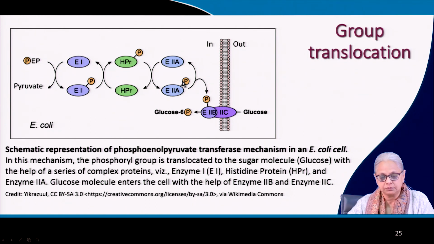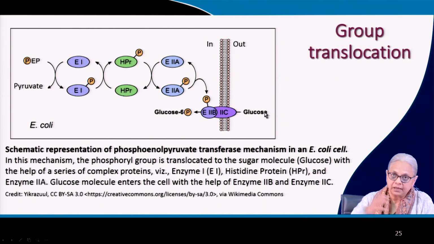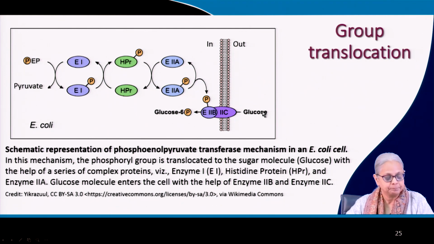E2A, E2B, E2C, all of these are how the phosphate is being transported from one compound all the way to glucose. Remember, when glucose has to come in, it has to be phosphorylated and glucose 6-phosphate has to be generated, and this is how the phosphate is attached to the glucose that is then brought into the cell. So that's group translocation.